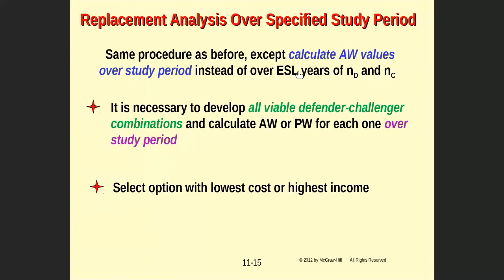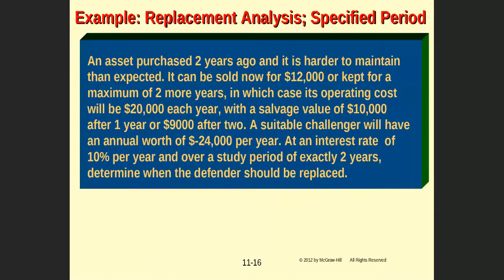Here we calculate annual worth as we used to do in chapter 6, and then we make the decision for the defender and the challenger based on all the scenarios that can be generated for the study period. And definitely at the end we select the option that has the lowest cost or highest income, as we usually do in economic decisions.